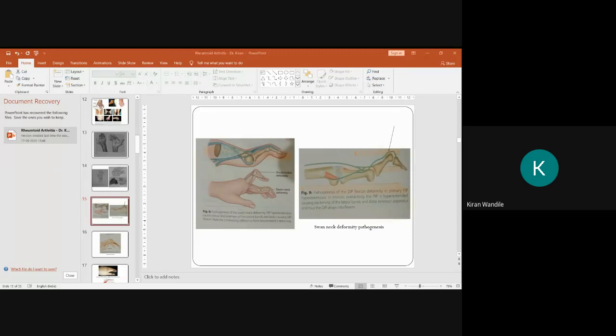And what happens when there is a destruction of the volar plate? The extensor apparatus, which is inserted on the base of the middle phalanx, becomes hyperactive and again pulls the PIP joint into hyperextension. So always remember, the PIP joint is primarily involved in swan neck deformity.